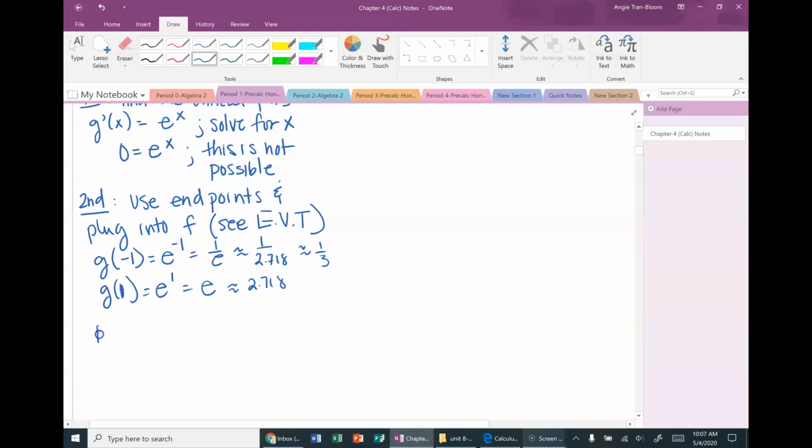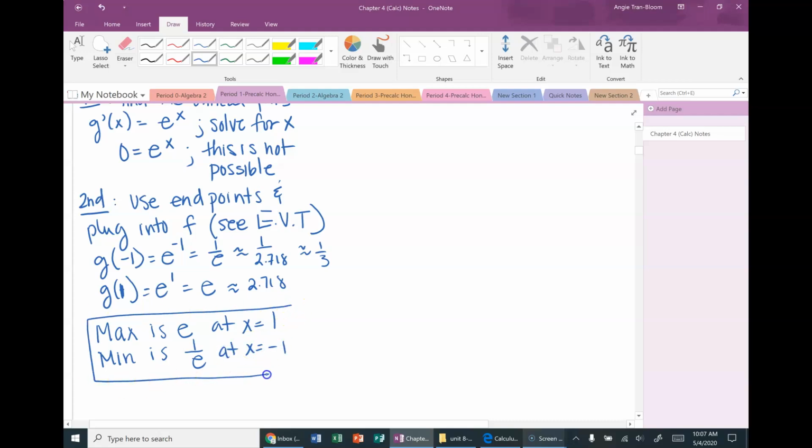I'm using the word max instead of absolute max, and that's stated before in the definition. Max is e, which is the higher of the 2, at x equals 1, and your minimum value is 1 over e, is what I meant to write, at x equals -1.